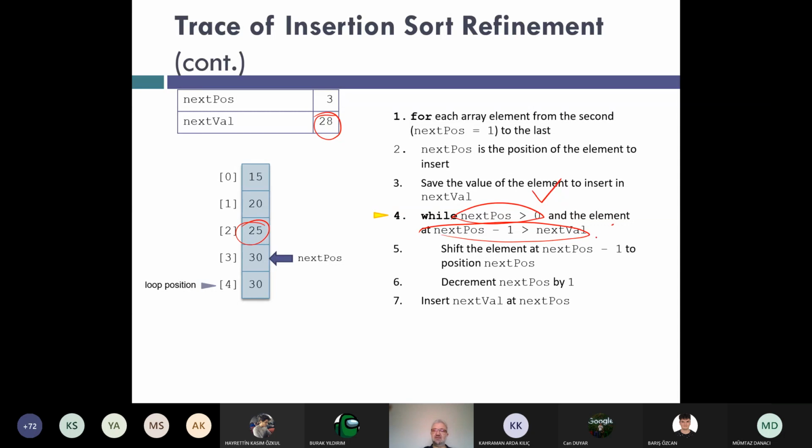This condition is okay, but this condition is not. So we get out of the while loop, and this 28 will be inserted in this position. So we open up a position for the next value in its correct position and insert the next value in its correct position afterwards. So after this, the whole array is sorted. Okay, this is an insertion sort.